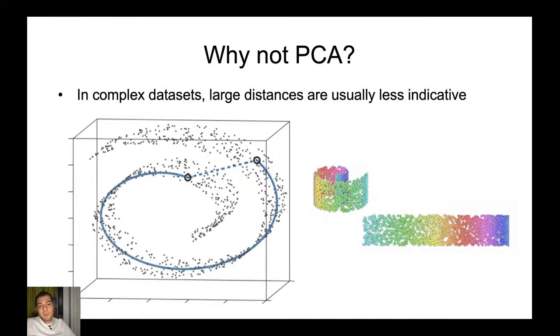So this is an example here that explains why PCA is not really useful. If we have a data set that is organized something like this, just like a roll, then when we do the visualization, maybe we would like to have something like this.